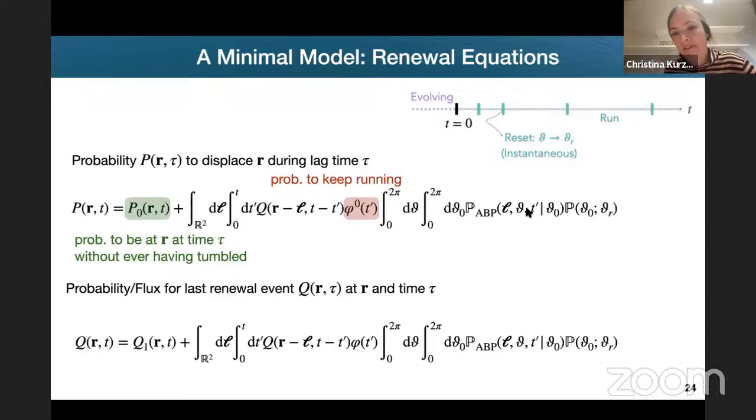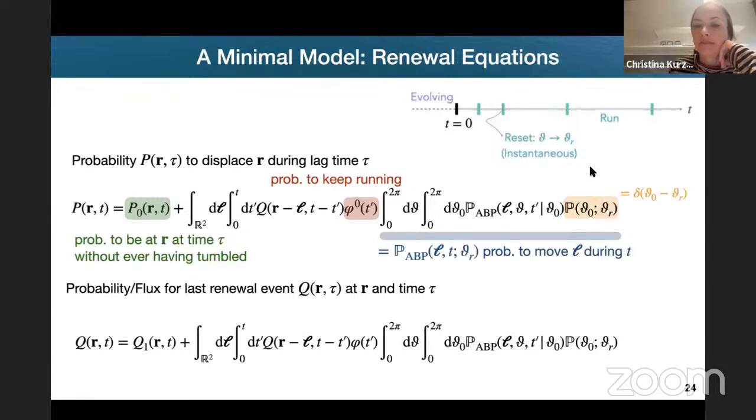And here we have the probability of an ABP to move a certain distance L during some time t, having started with an initial orientation theta naught, okay? And here P of theta naught and theta r is the distribution of the angle at the beginning of the resetting event. And so now we assume that at each resetting event, the particle starts out with the same angle. So we'll just have a delta distribution.